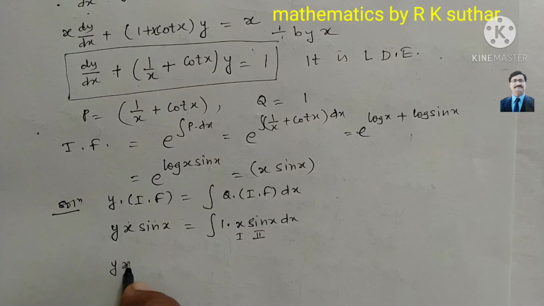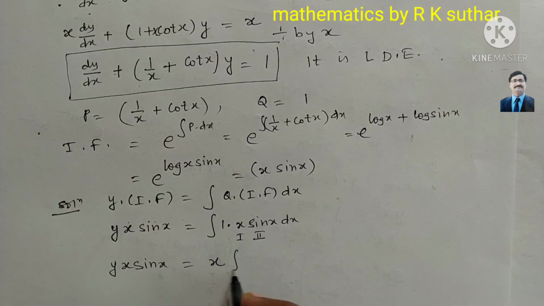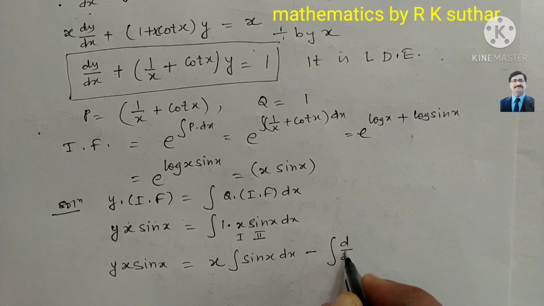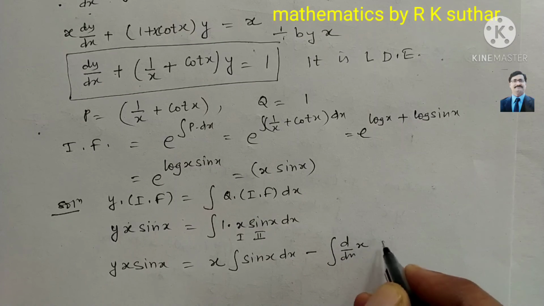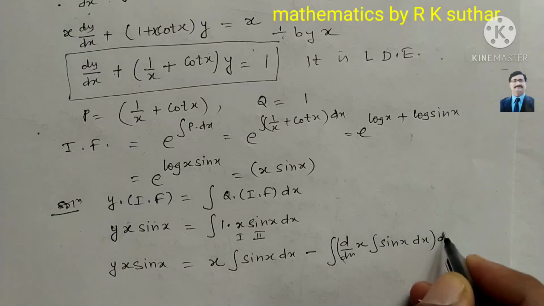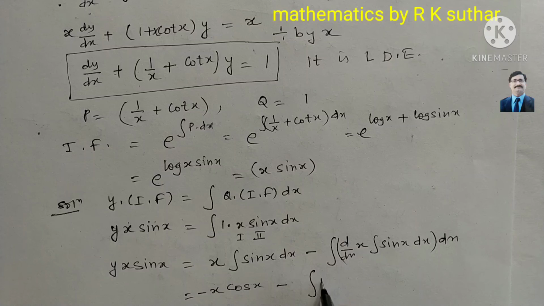We get first as it is, times the integral of sin x dx, minus the integral of the differential of x times the integral of sin x dx, and whole dx. This is x times the integral of sin x, which is minus cos x, and minus the differential of x, which is 1, times minus cos x dx.